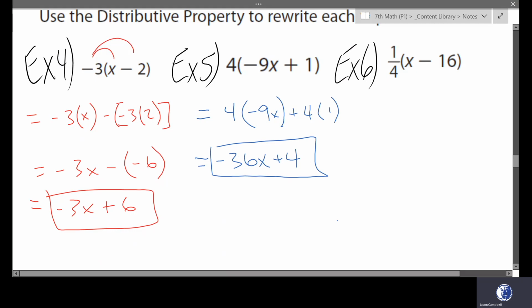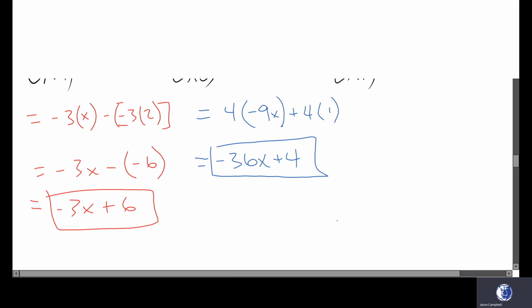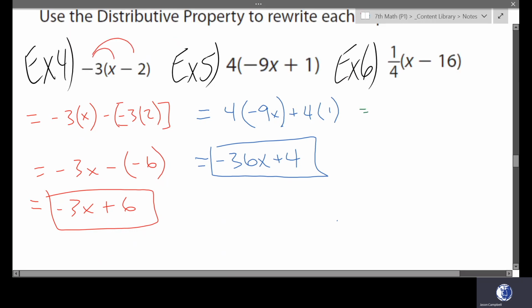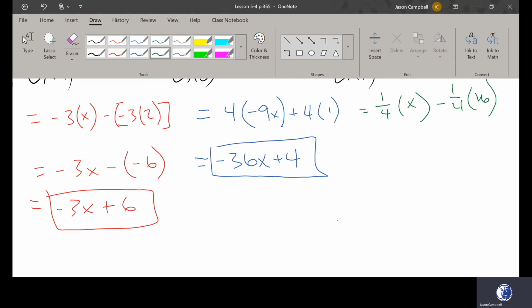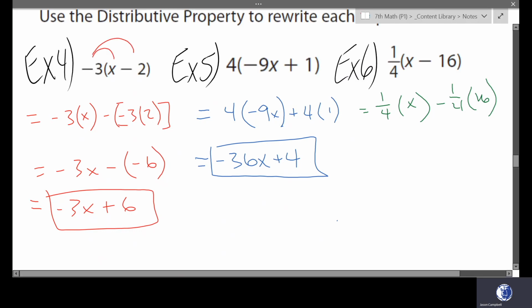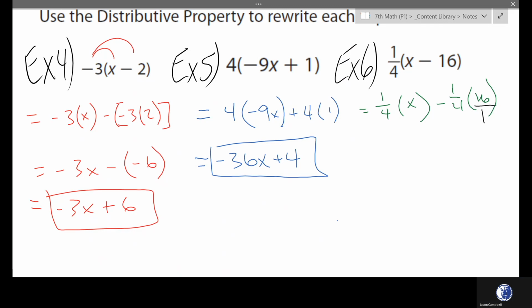And finally, in example 6, we're going to do 1/4 multiplied by x subtract 1/4 multiplied by 16. So if we put the 16 over 1, 1/4 multiplied by x is just 1/4 x.